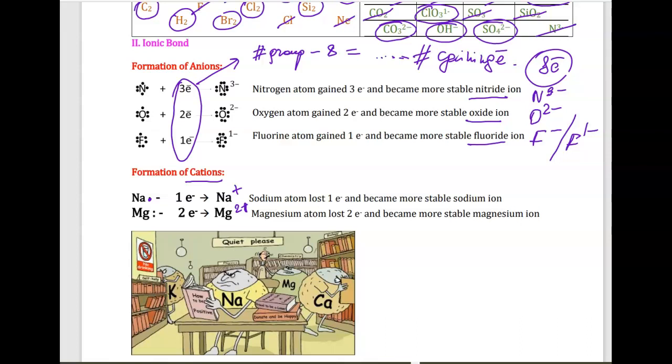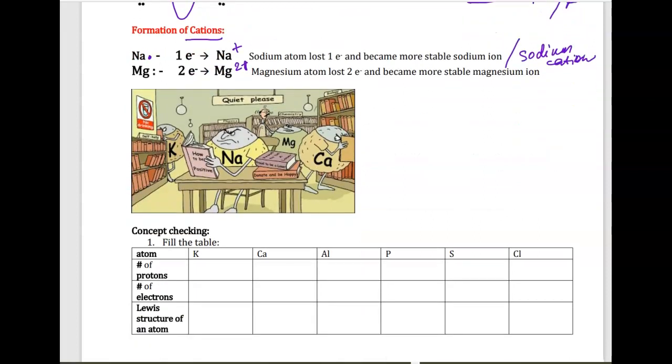When it loses 1 electron, it becomes the sodium cation. You can name it sodium ion or sodium cation, it's the same. So magnesium cation or magnesium 2 positive, the same way to name this compound.